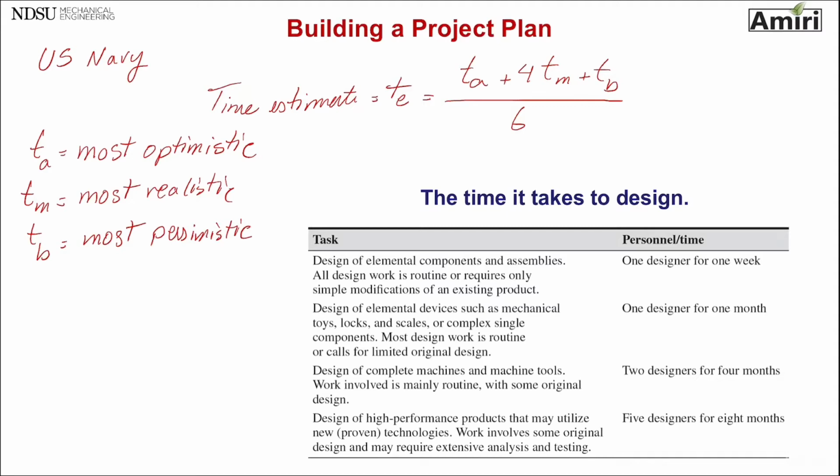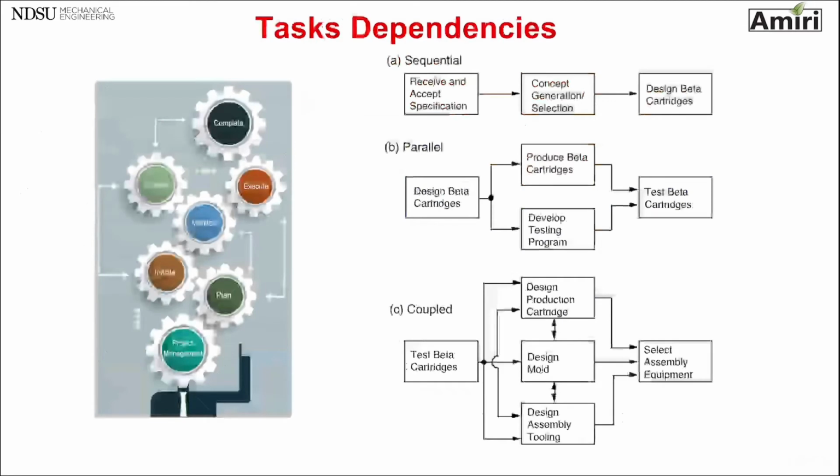One other thing in your project plan steps that you need to figure out is finding your task dependencies. Again, remember, this is flow of information, and that's how tasks depend on each other. So there were 3 main types: sequential, parallel, and coupled.